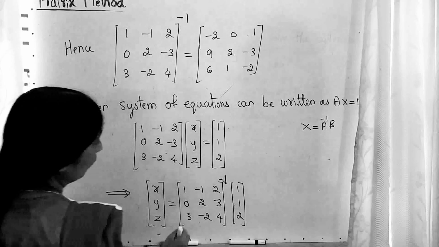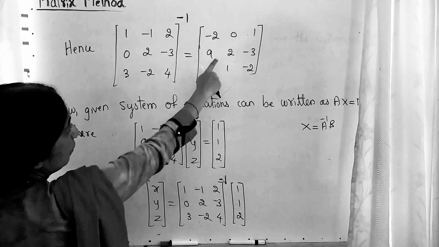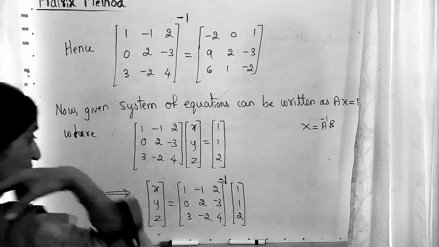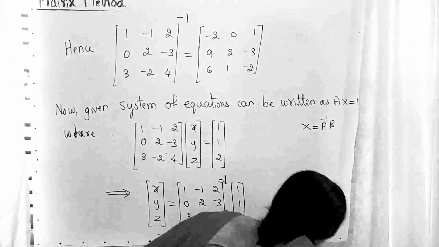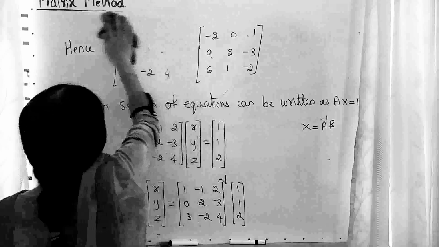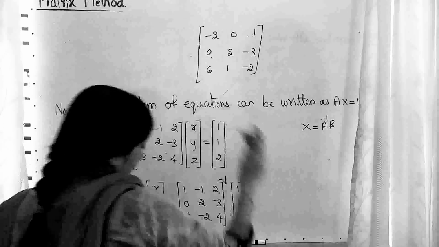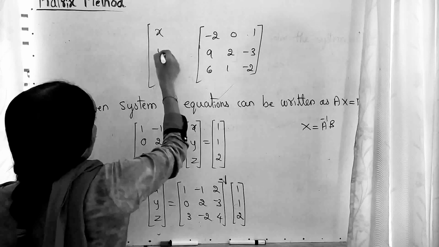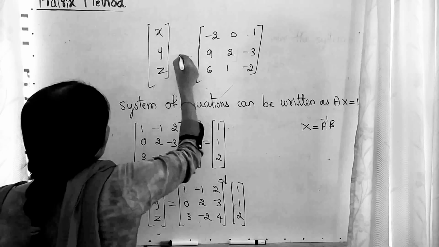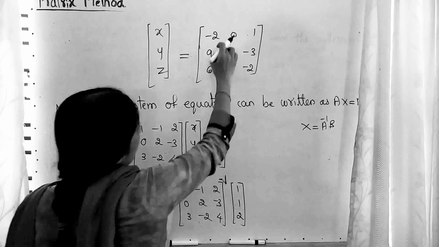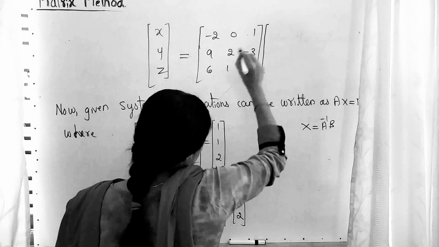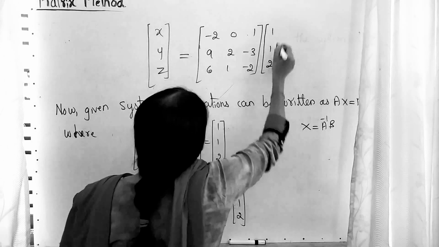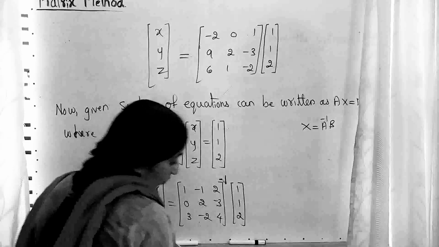And you are familiar, what is the inverse of this matrix? The inverse of this matrix is this one. So write down that matrix in place of the inverse. So therefore, x, y, z is equal to, in place of the inverse we have to write it, because it's the inverse. You can go back and see that slowly, then write it down.